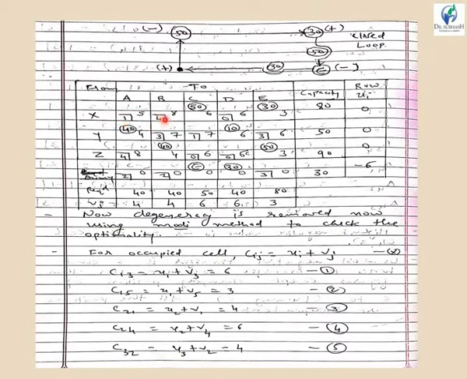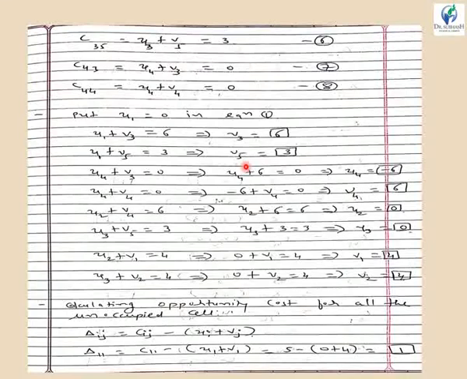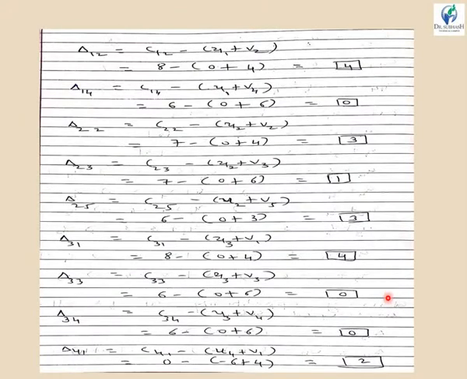These all are the values of opportunity cost for unoccupied cells. This is allocation of 50, 30, 40, 10, 40, 50, epsilon, it is negligible, and this is 30.